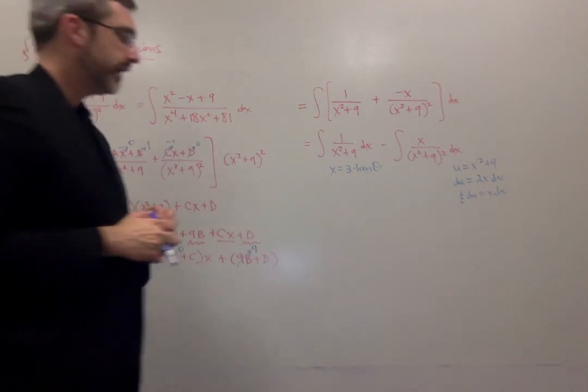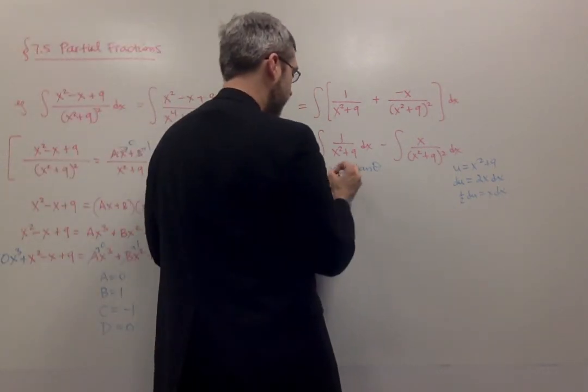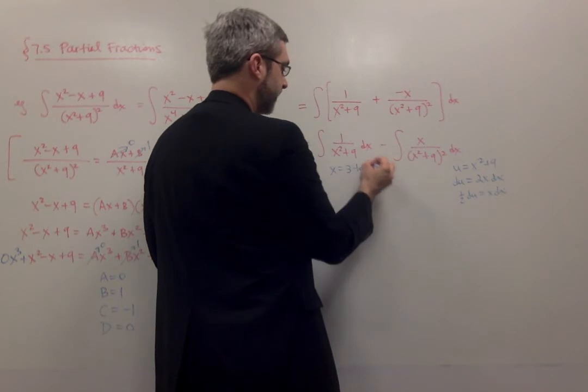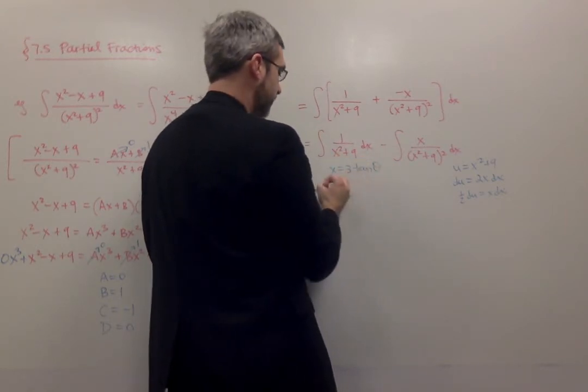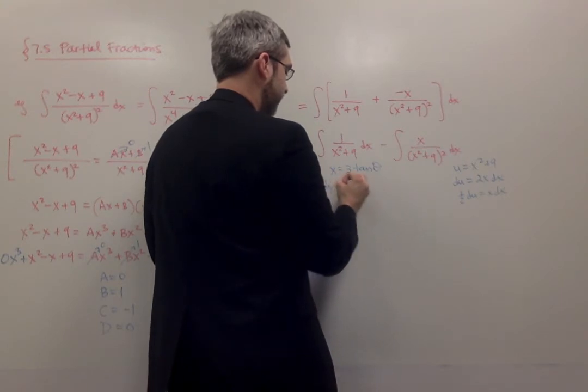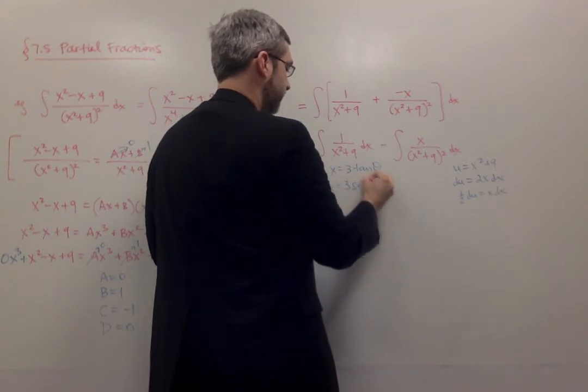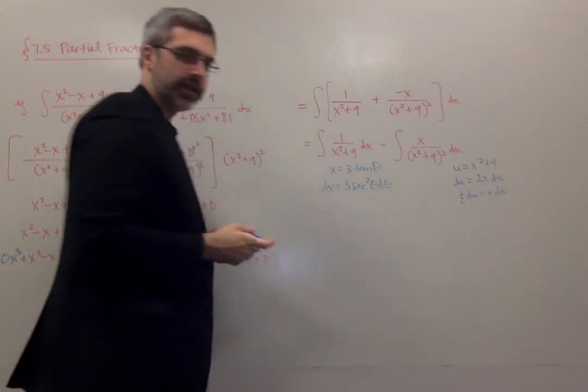Okay? So x equals 3 tangent theta. This reminds me of x squared plus 1, except it's x squared plus 9. dx is 3 secant squared theta d theta.